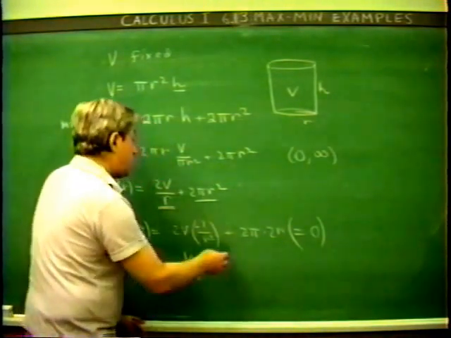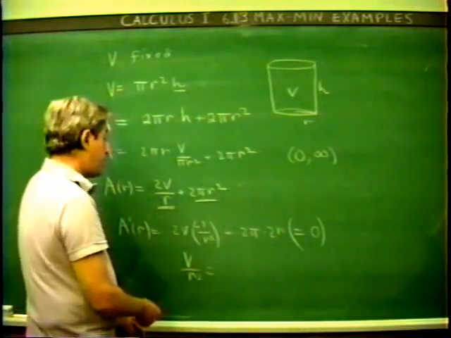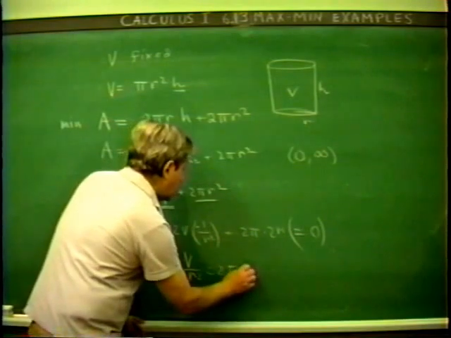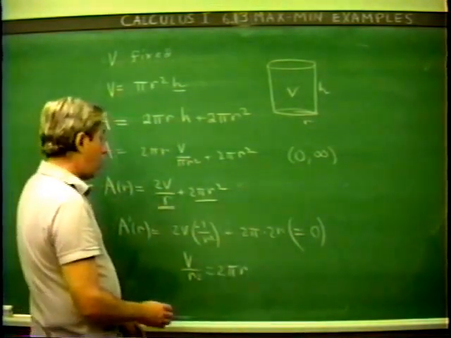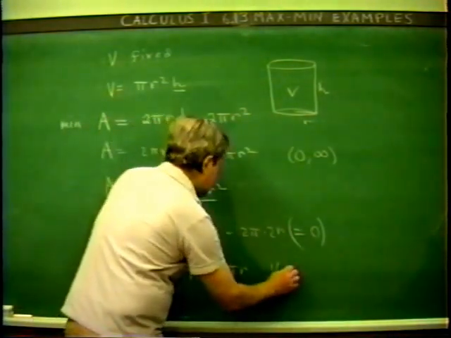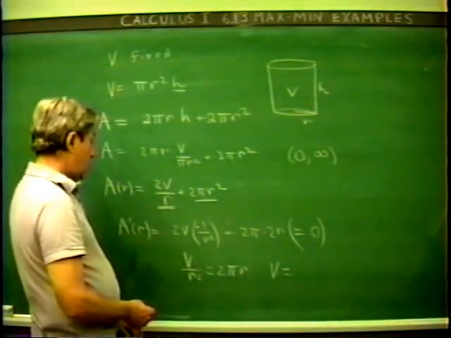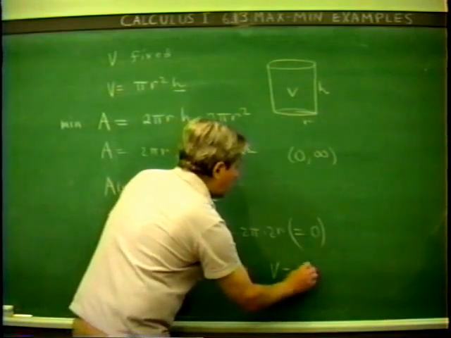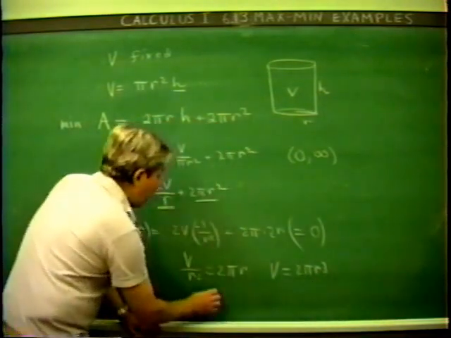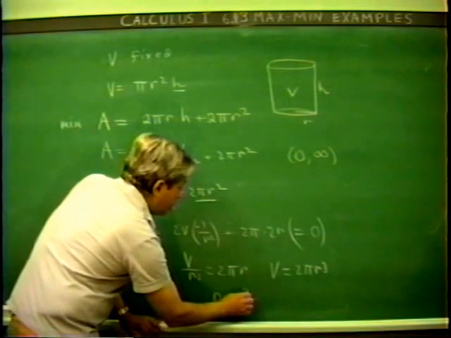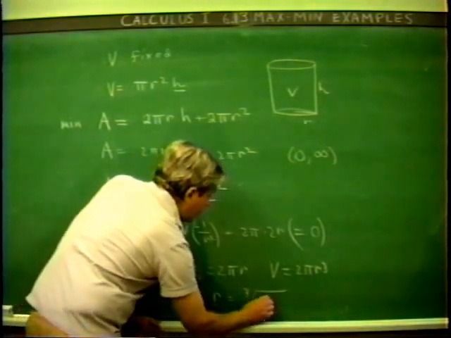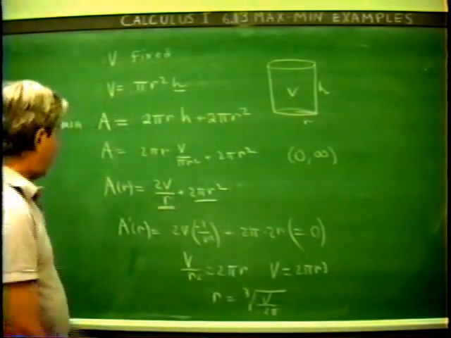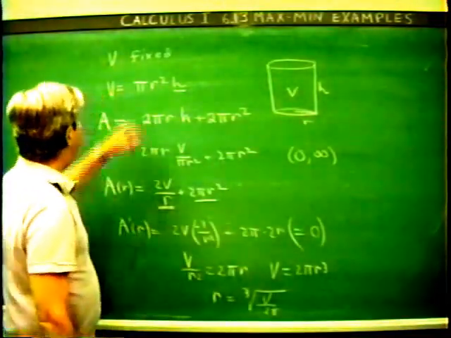And it's going to be equal to 0, dividing by 2 here, I guess, when V over r squared is equal to 2 pi r, or when V is equal to 2 pi r cubed, or when r is equal to the cube root of V over 2 pi.